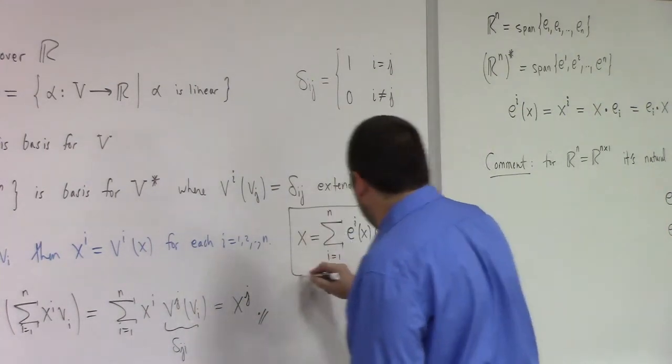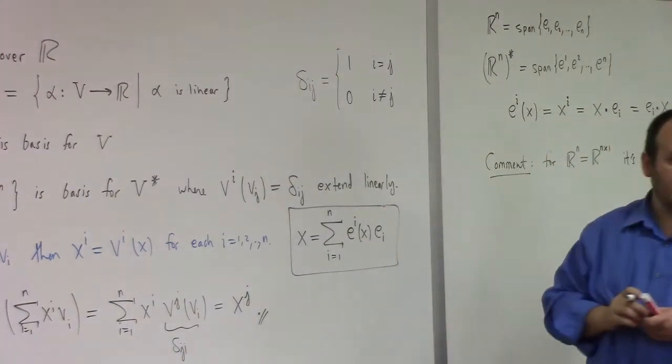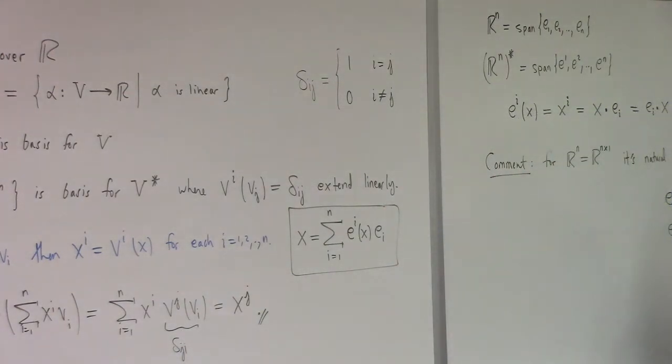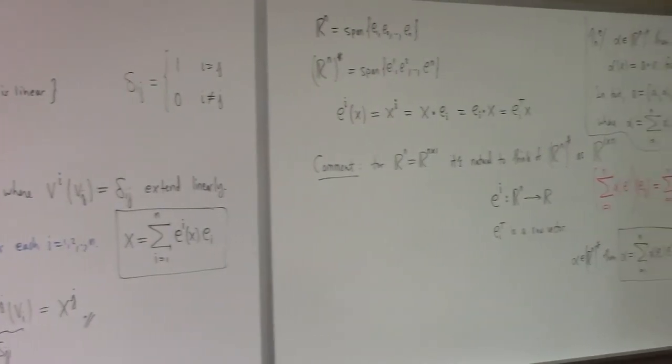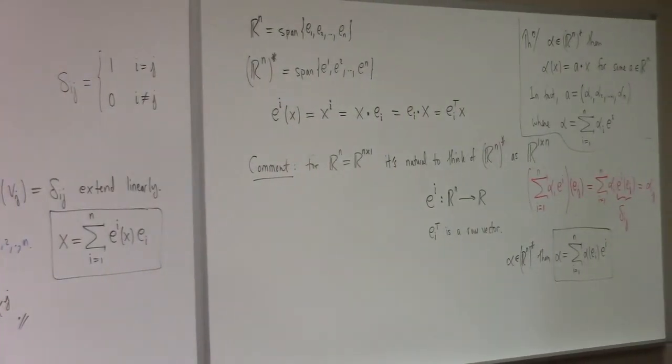So this is the corresponding formula for vectors. To get the component of a dual vector, we let the dual vector act on the basis. To get the component of a vector, we let the dual basis act on the vector to pick off the component. In both cases, they play the role of selecting components.